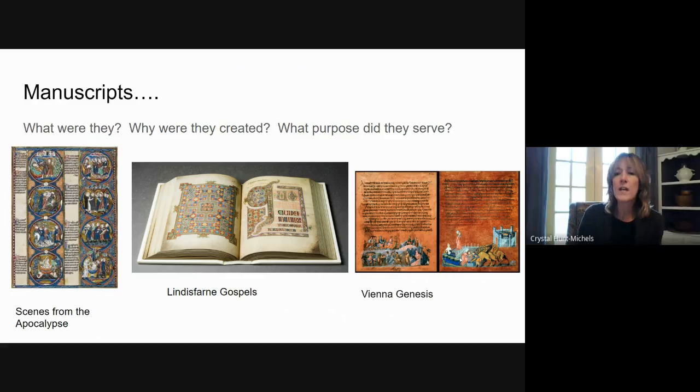These are three manuscripts that we've covered so far, just in this content area alone. We have Scenes from the Apocalypse, which was very pictorial, with a lot of visual imagery, very little text, and the use of extremely valuable materials like inks and precious golds.